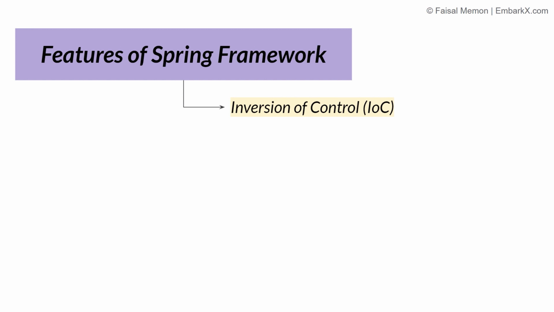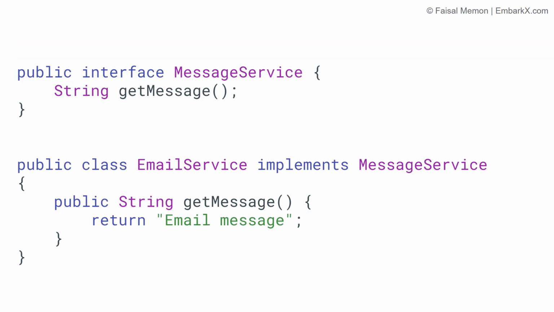Let us take a look at one example which helps us understand this better. Let's take a look at this particular source code where you have an interface called message service. And you are implementing the message service in this particular class. You have this particular method which is defined over here.